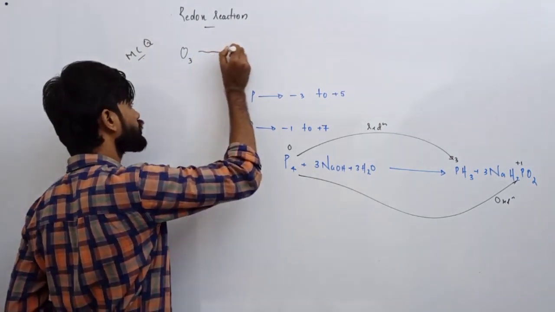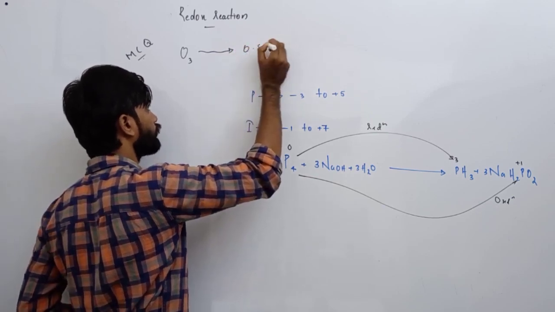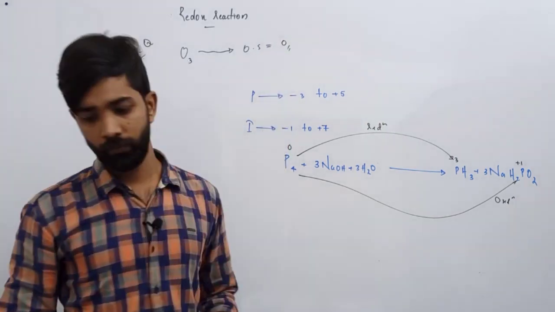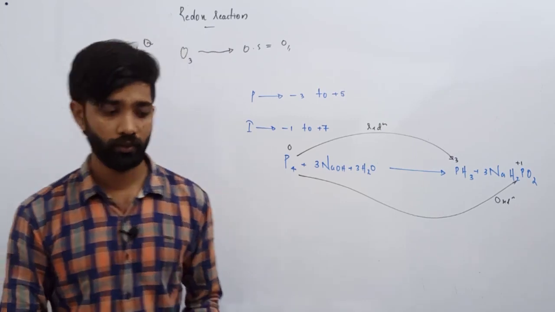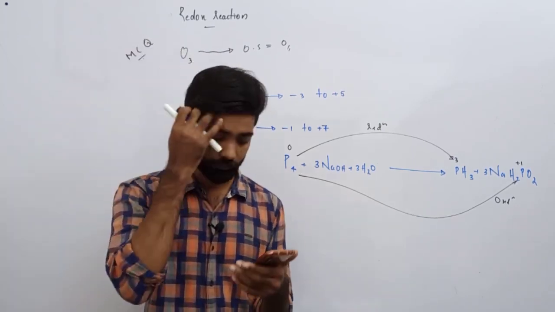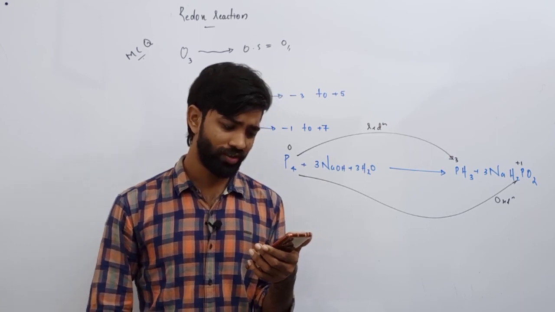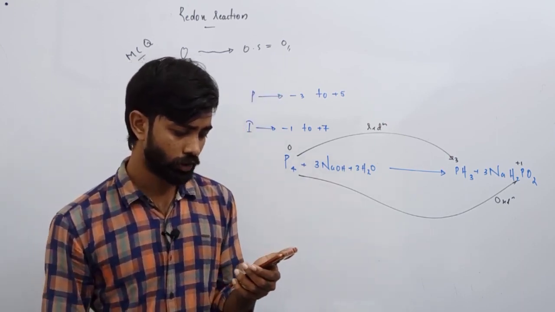For any atom in its elemental state, the oxidation state will be 0, and that is a rule which is already discussed, right? Okay. So the oxidation state of oxygen in the O3 molecule is 0. The choice is 0.